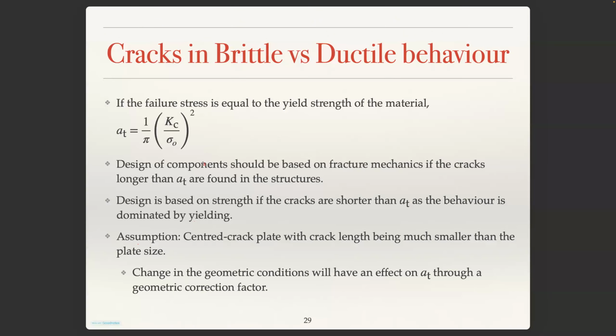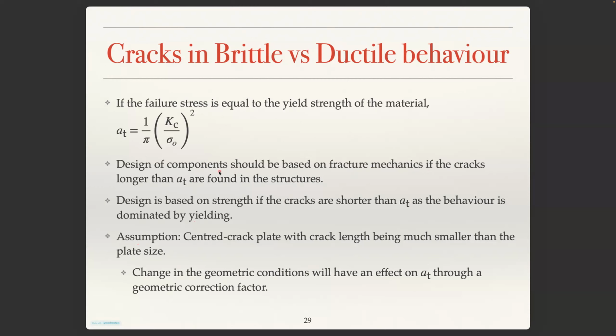So you should design components based on fracture mechanics if cracks longer than AT are found in the structure. Because if cracks smaller than AT are found, then it is very likely that the material is going to undergo plastic deformation, right?